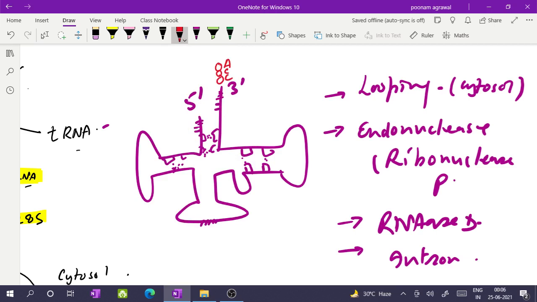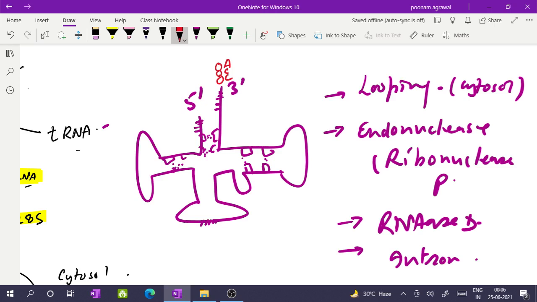And these 3 nucleotides are added later on as a part of post-transcriptional modification of transfer RNA, and they play a very crucial role in the translation process. So this addition of the CCA tail at the 3' end is again a post-transcriptional modification.